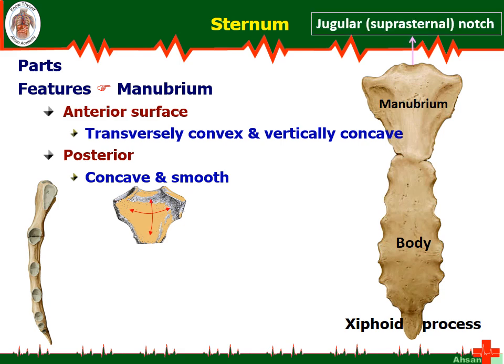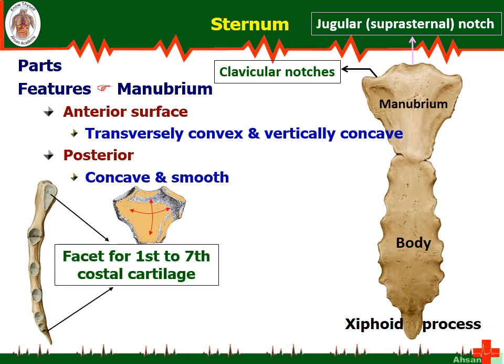The upper border has three notches. The median one is known as the jugular notch or suprasternal notch, and on either side is the clavicular notch. The clavicular notches are for the articulation with the medial end of the clavicle. On the lateral side, there are a series of facets. It accepts the medial end of the costal cartilage of the 1st to 7th ribs.